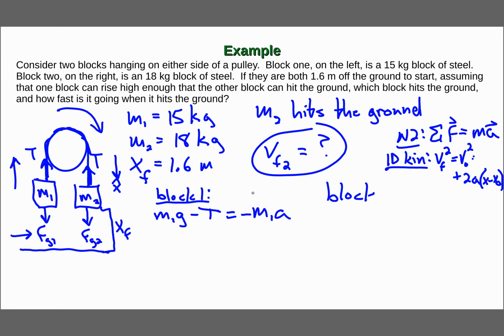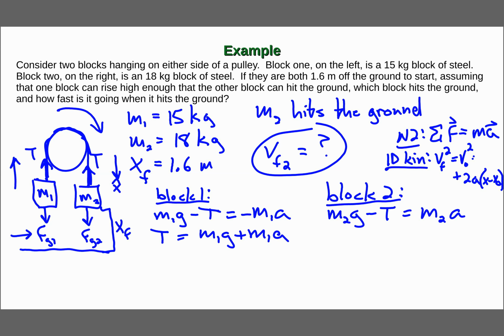For block 2, I have m2g pointing down, tension pointing up, and that equals m2a. This equation says that tension is equal to m1g plus m1a.